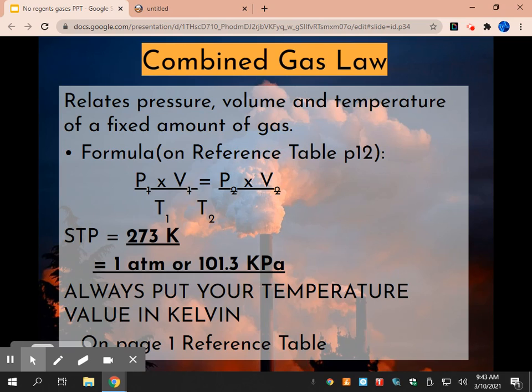So the first gas law we're going to look at is the combined gas law. This relates all three factors: temperature, pressure, and volume.